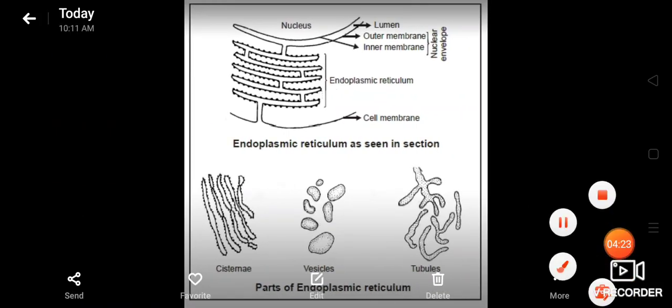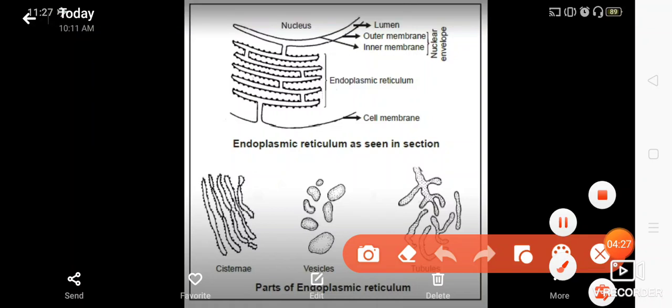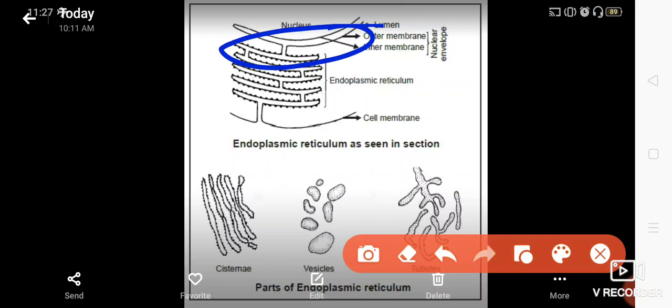These endoplasmic reticulum are basically formed of three types of structures. See, this is the nucleus. After that, the outer membrane and inner membrane, that is the nuclear membrane. With the nuclear membrane you will find attached these structures known as endoplasmic reticulum, and then it will reach to the cell membrane or the plasma membrane.